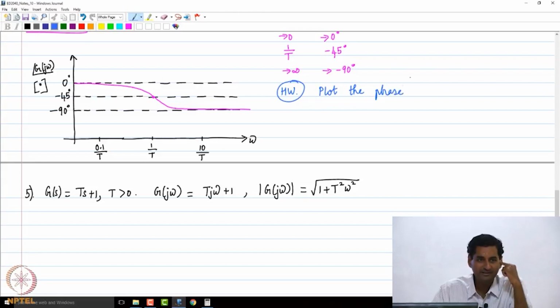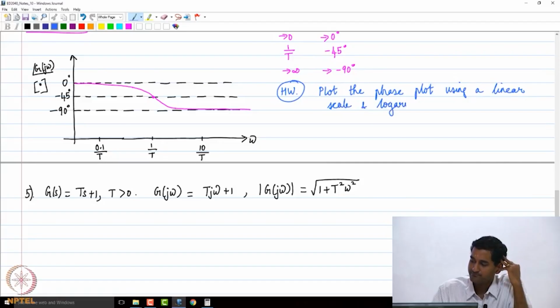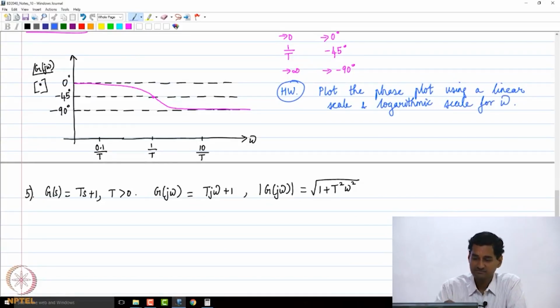I will also do that. Plot the phase plot using a linear scale and logarithmic scale for omega.